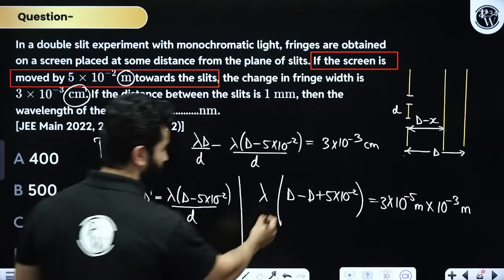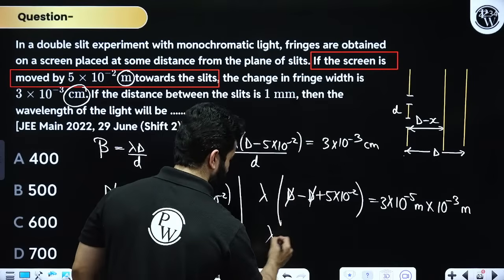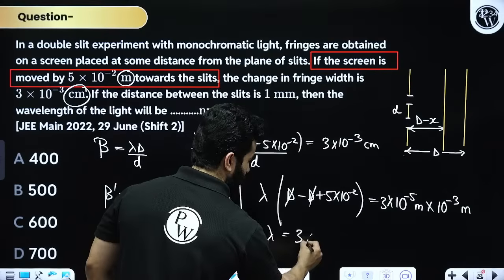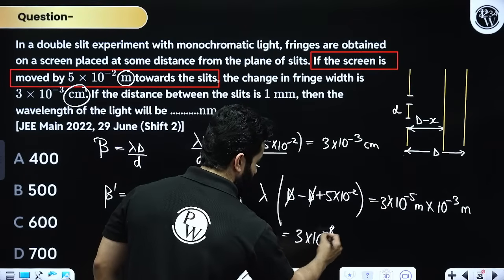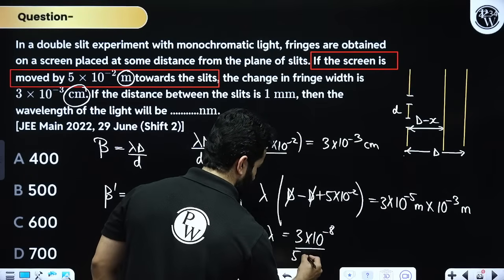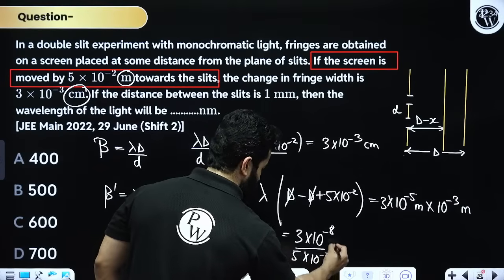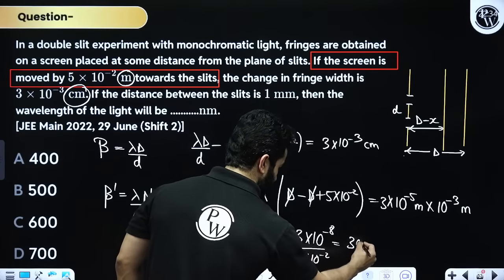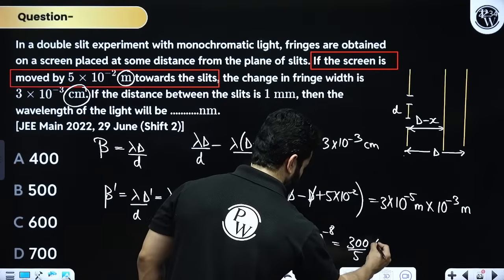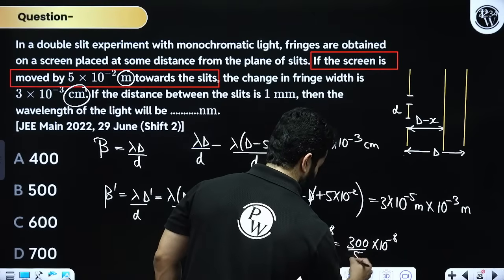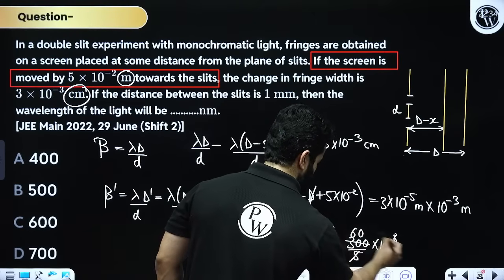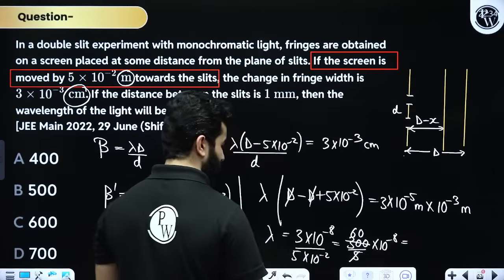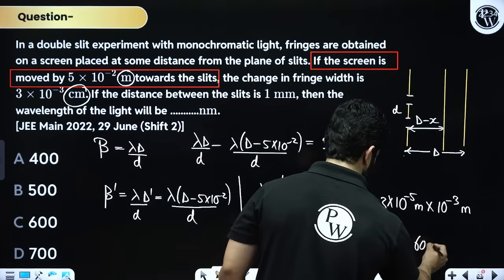Done. This D and D will get cancelled out. So lambda will become 3 into 10 to the power minus 8 divided by 5 into 10 to the power minus 2. Further, this will be written as 300 divided by 5 into 10 to the power minus 8. This will become 6 into 10 to the power minus 7, or you can rewrite this as 600 nanometer.